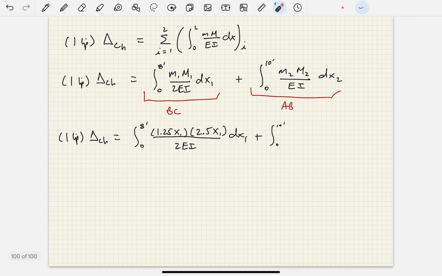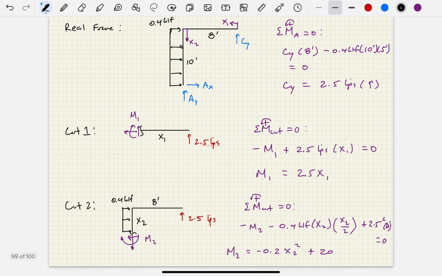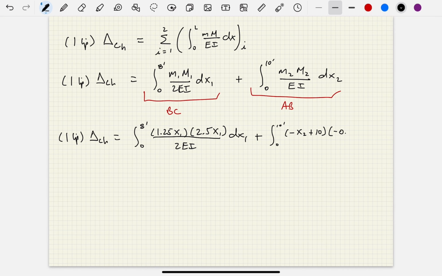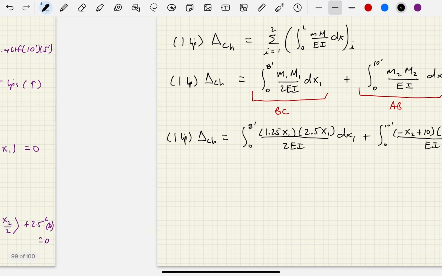So let's see if I can remember that. Negative x2 plus 10 times negative 0.2 x2 squared plus 20, all divided by EI, and this will be a dx2 here.